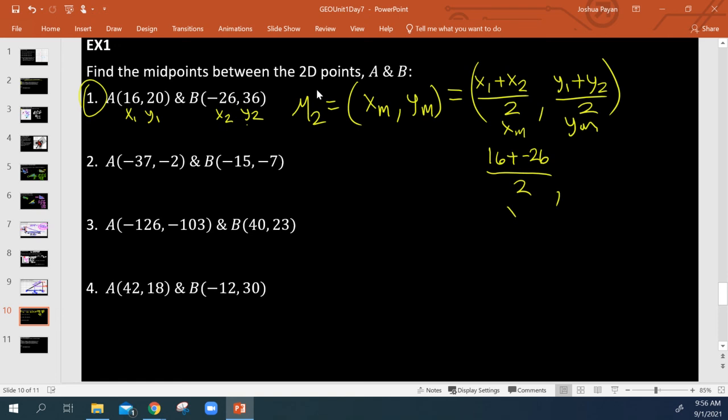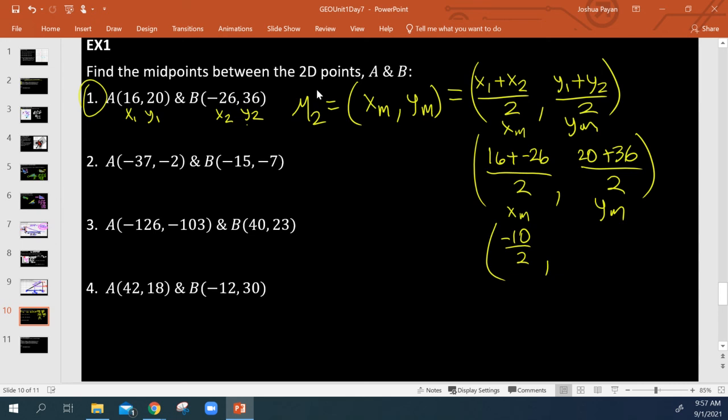That's going to give me my x midpoint. And y1 is 20 plus 36, which is y2. All that over 2. That's going to give me my y midpoint. So 16 plus negative 26, that's going to give me, I'm having a brain fart, negative 10 over 2.